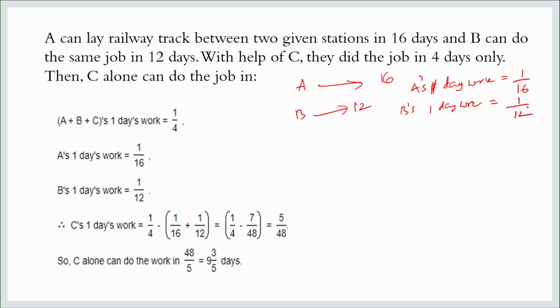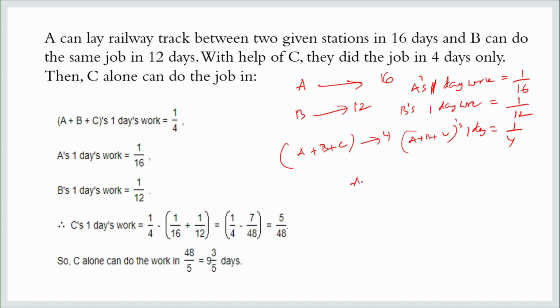With the help of C, they did the job in 4 days, which means A plus B plus C can do the work in 4 days. So A plus B plus C's 1 day work is 1 by 4. Understand? A's 1 day work is 1 by 16, B's 1 day work is 1 by 12.